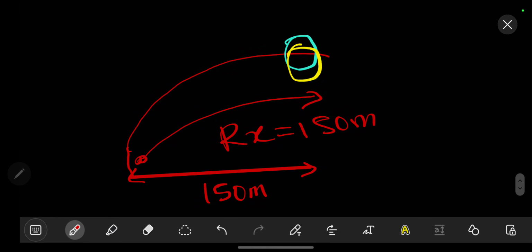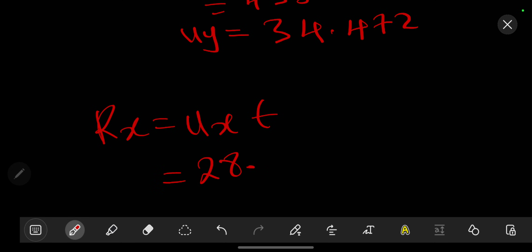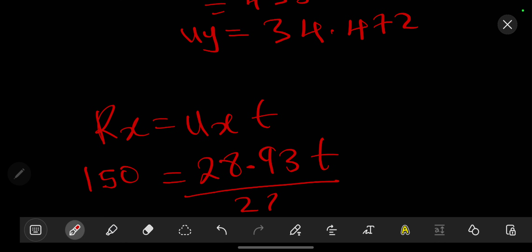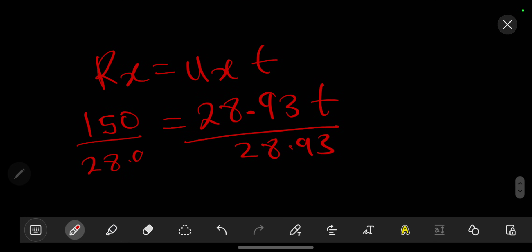So now the range is equal to 150. So we are going to say our range should be equal to ux times time. So we have found ux to be 28.93 times time. The range is equal to 150, so we are going to divide by 28.93.